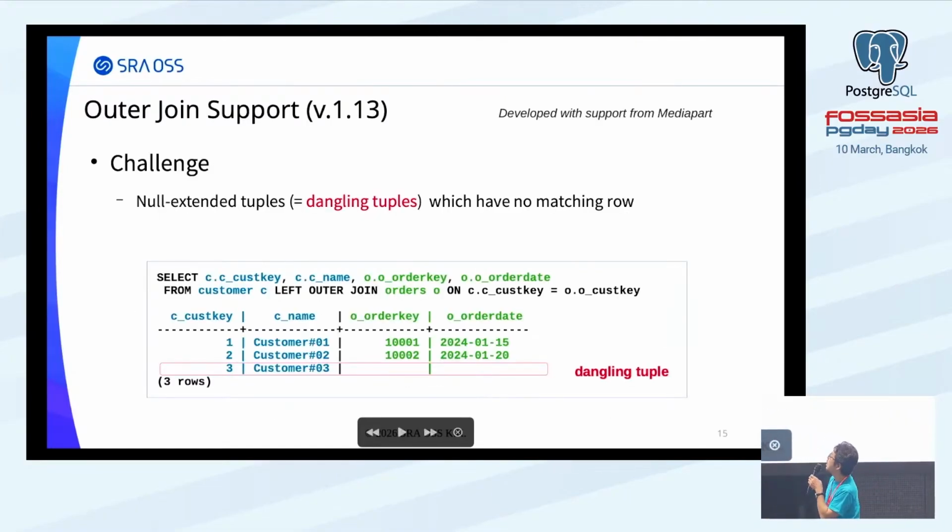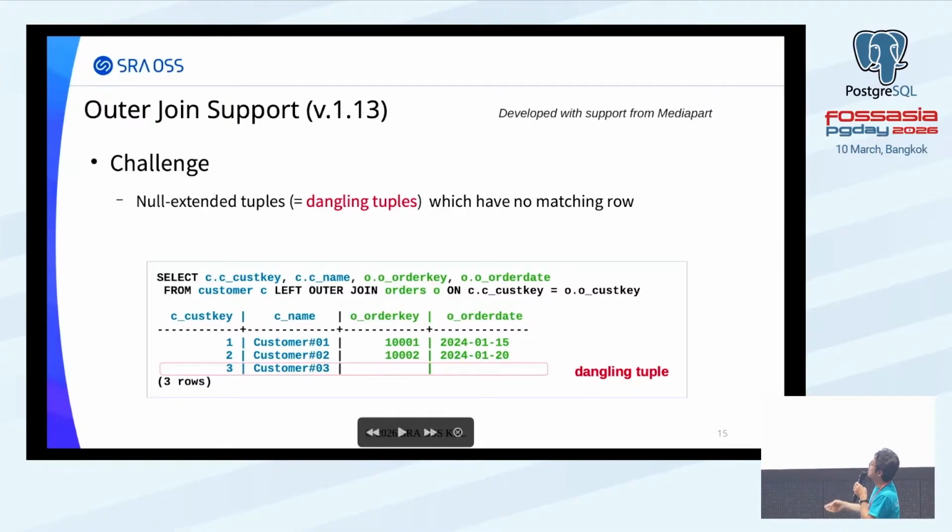Next, I'll introduce our recent improvement, outer join support. It is supported in version 1.13, and we developed this feature with funding from Mediapart. When we try to maintain an outer join view, there is a challenge, because outer joins produce dangling tuples.